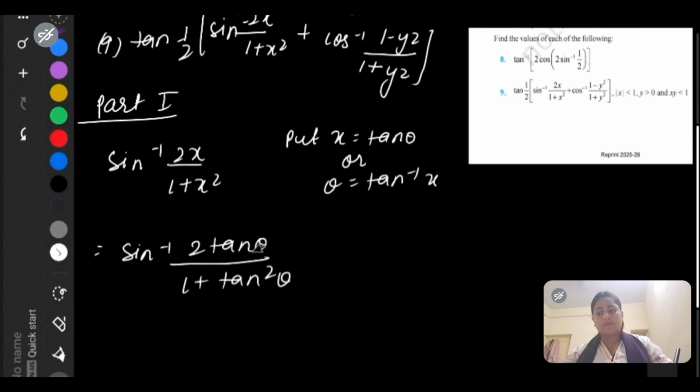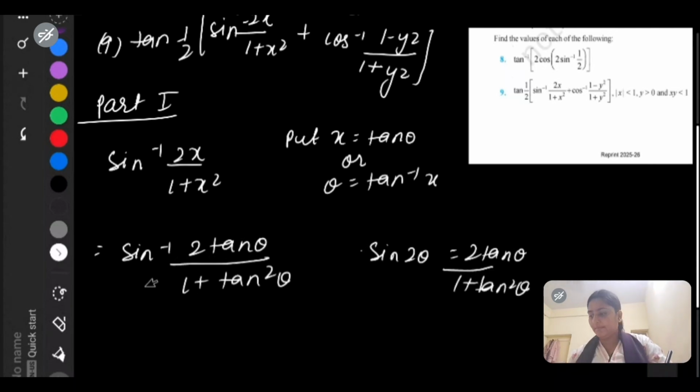Now we know the one formula: sine 2 theta is equals to 2 tan theta upon 1 plus tan square theta. This is the one formula.